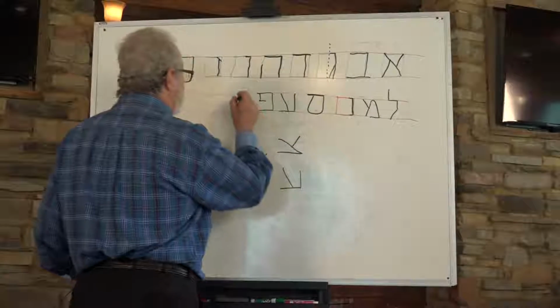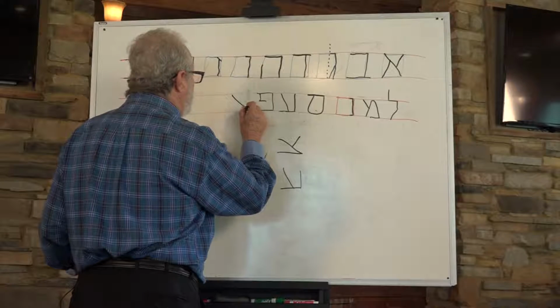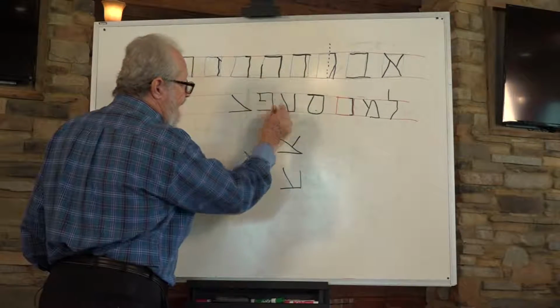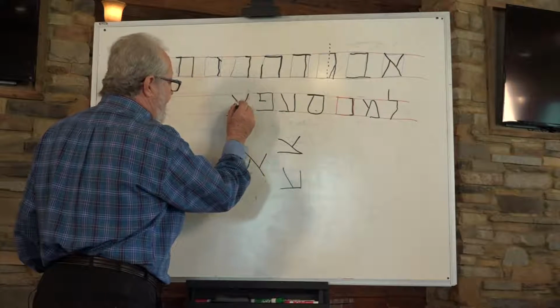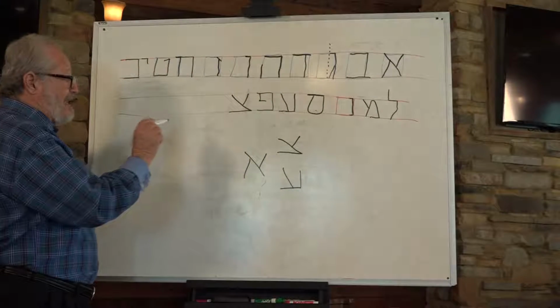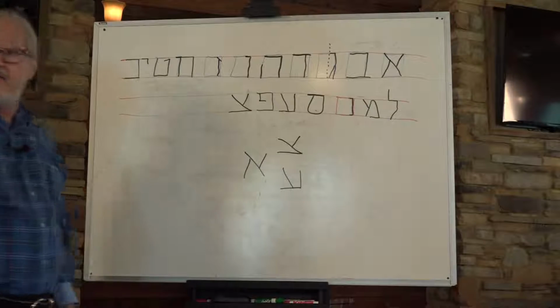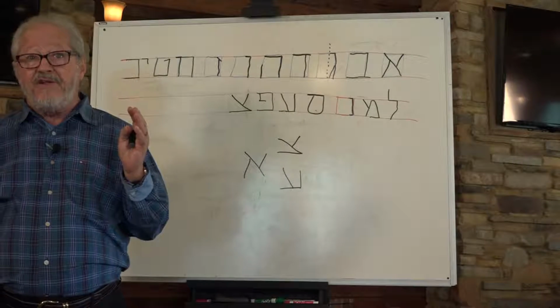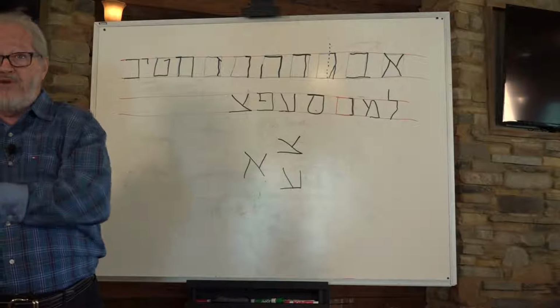okay. Tzadik starts out as an arrow. Okay, see that? And then this line from the ayin goes on its back. Tzadik. Tzadik and pei are both letters that do have final forms. They look different when they're at the end of a Hebrew word.